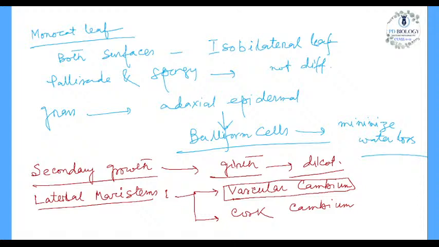In dicot plants, the cells of the cambium present between the primary xylem and primary phloem are called the intrafascicular cambium.